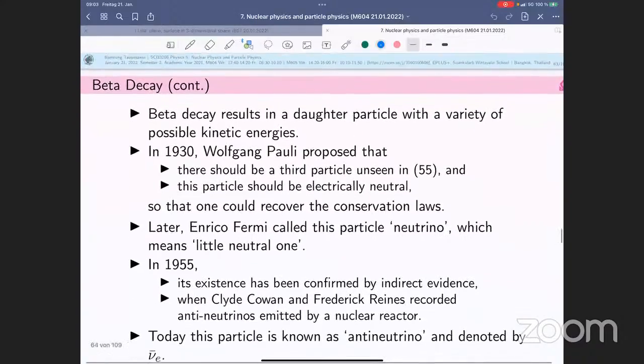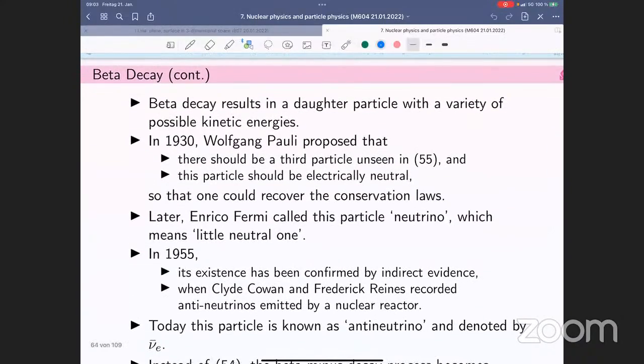Okay, two people. The first person is the well-known one. You may have heard his name. It's Wolfgang Pauli. Wolfgang Pauli is the person who paid attention to this incorrect outcome. Why is the spectrum not discrete as in the alpha decay process?